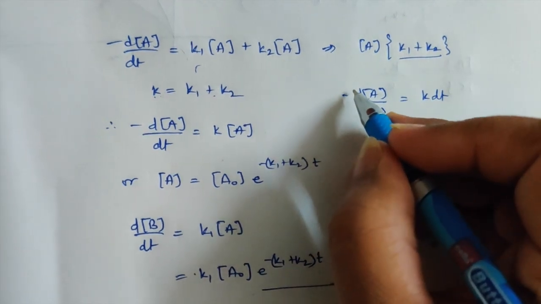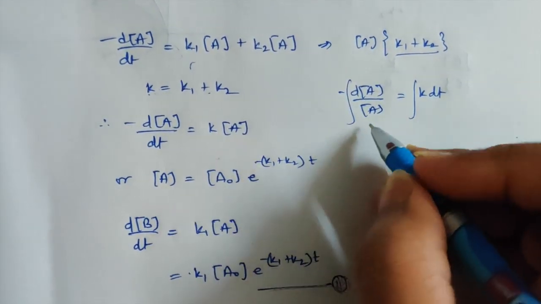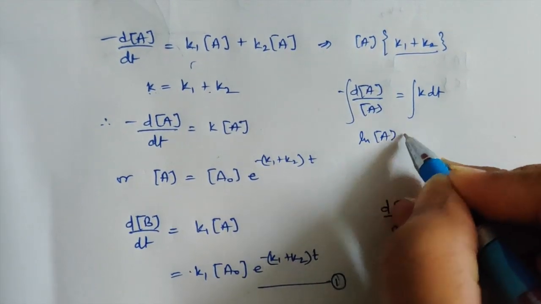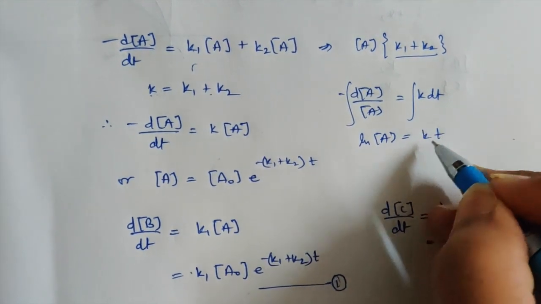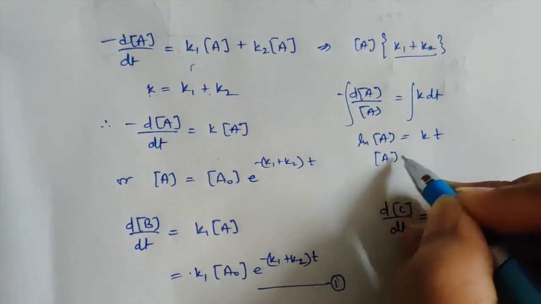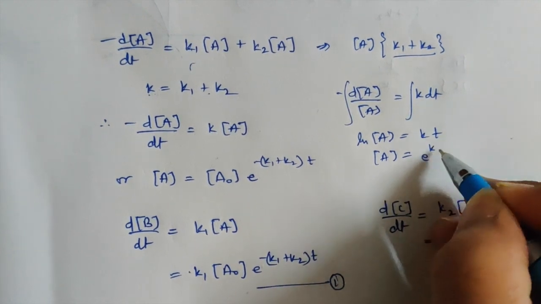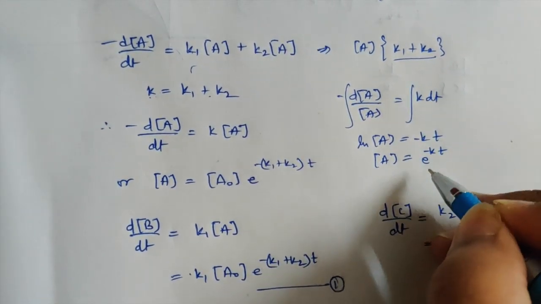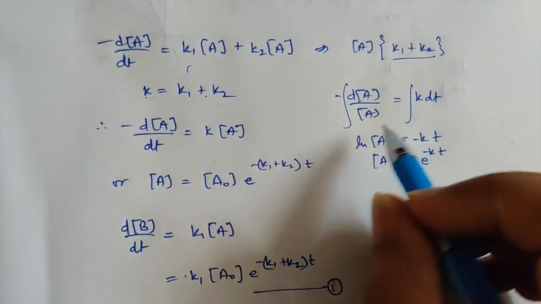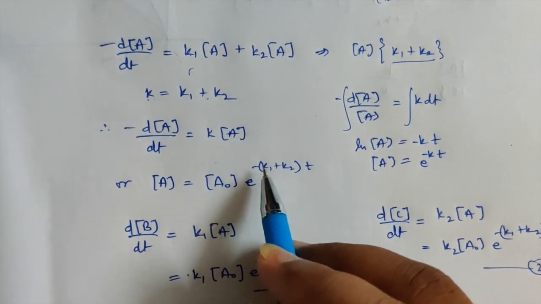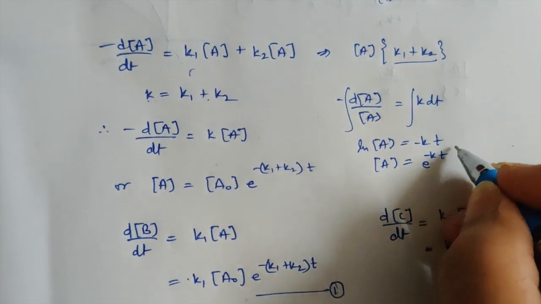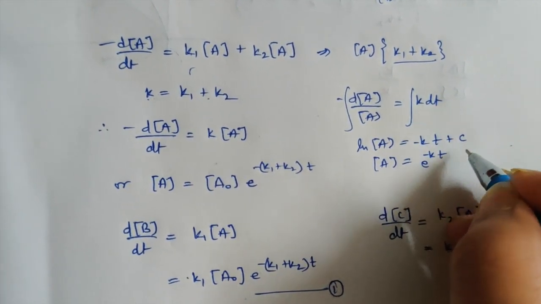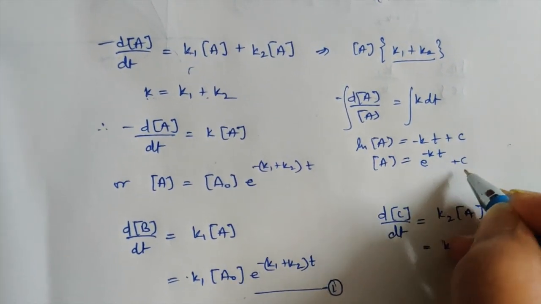When you integrate both sides, on the left-hand side you will get ln A, and on the right-hand side you will get kt. So what is A now? A will be equal to e to the power minus kt. This negative sign will be there. Now we put the value of k, so that will be minus k1 plus k2 times t, and also the constant of integration, C, will be there.